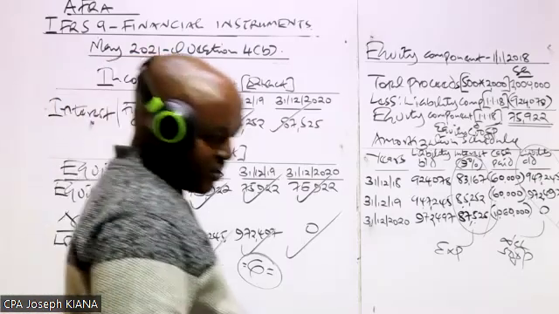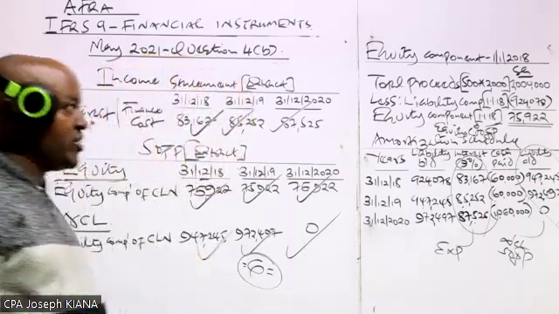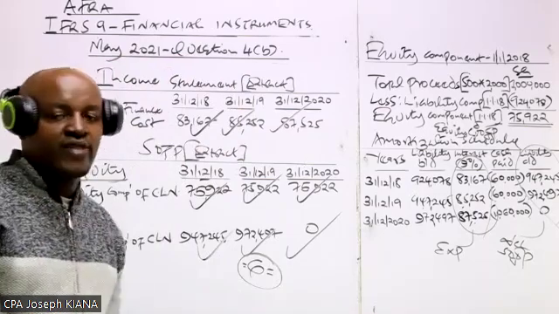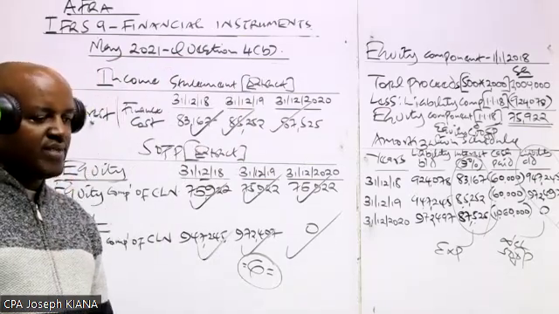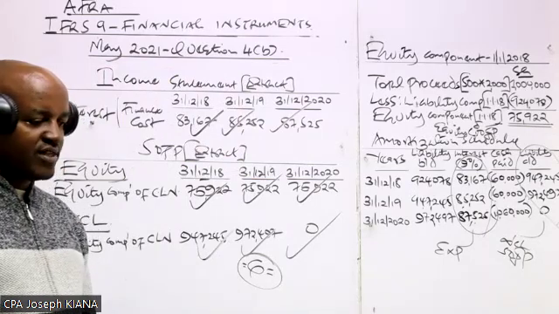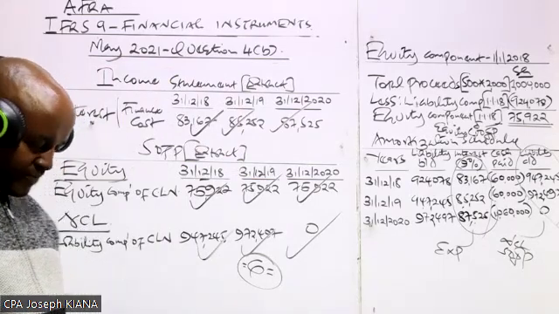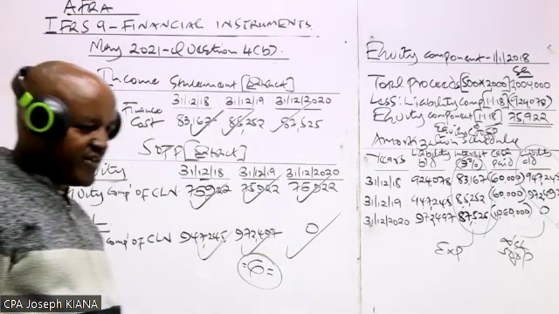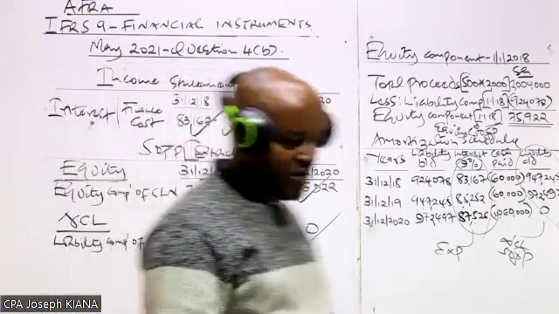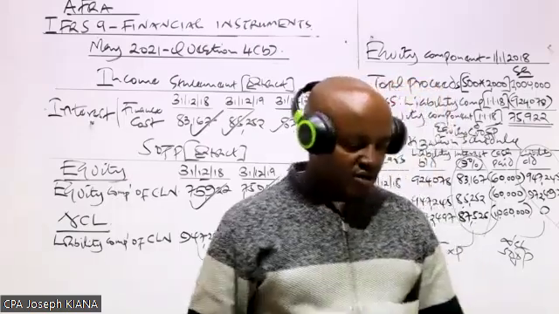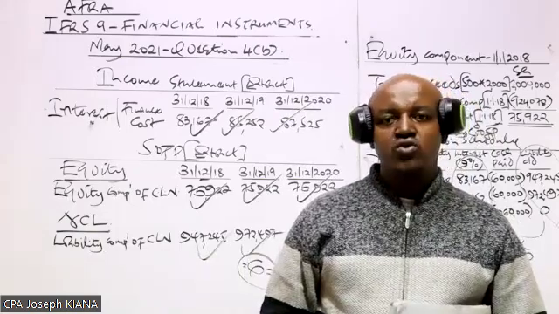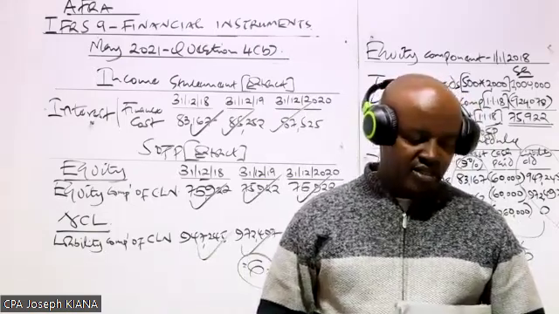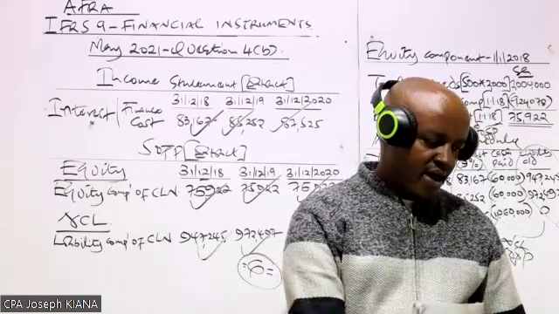Basically, once you come across a question and you're told a company had issued some convertible instruments, for example convertible debentures, convertible loan stock, convertible bonds, and so on, then what you should be able to remember very fast is that that is a compound financial instrument. And in accordance with IAS 32, a company should split the 2 components of that compound financial instrument.